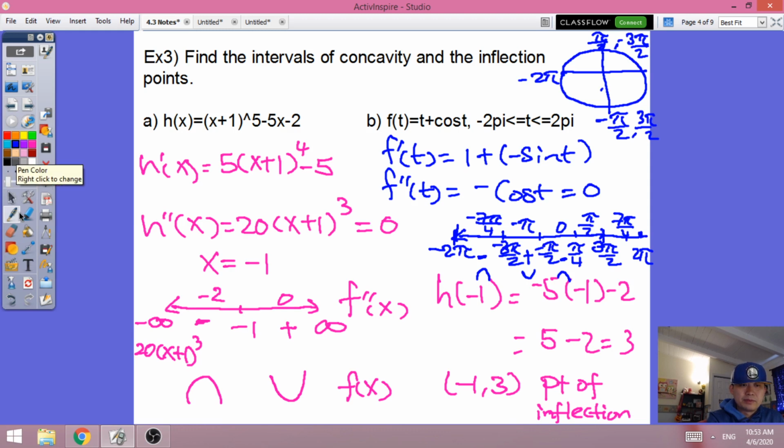So this one is supposed to be pi over 2, not pi over 4. So for that one, we want to test the number 3 pi over 4. So cosine of 3 pi over 4 is negative. Negative times negative, so going back to positive.